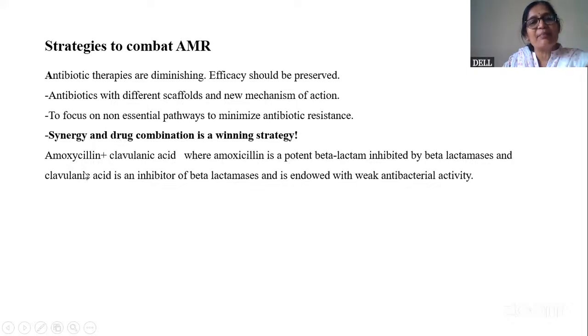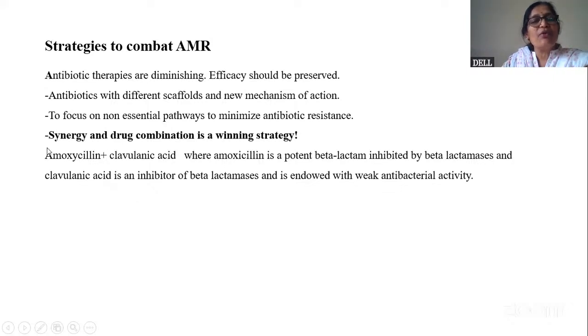One beautiful example, which is there in the literature, is amoxicillin and clavulanic acid. This combination of drugs will help the action of the antibiotic in a better way.